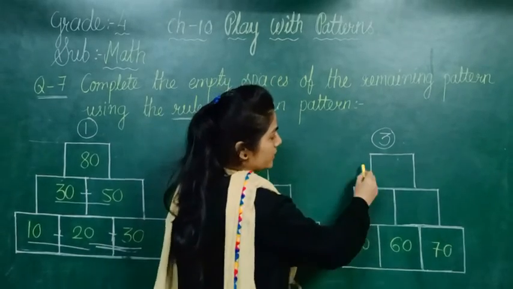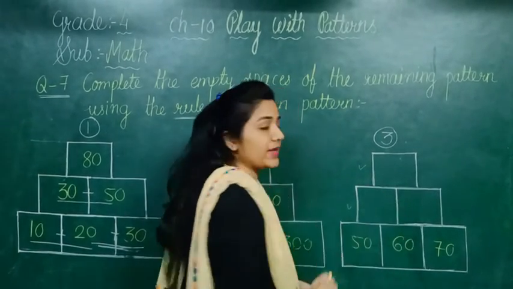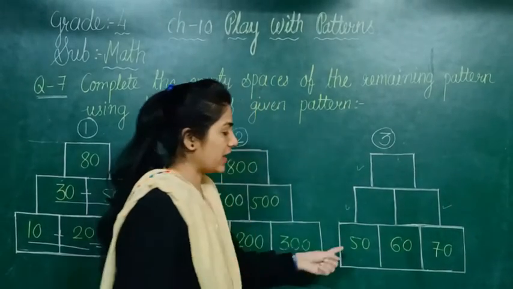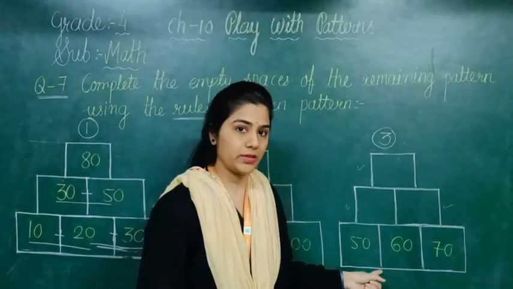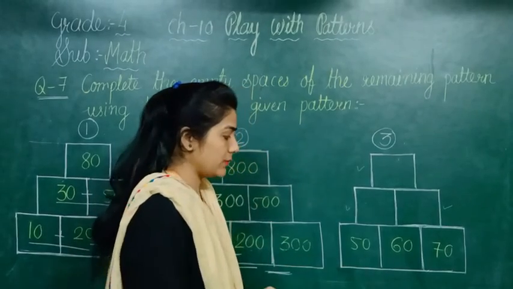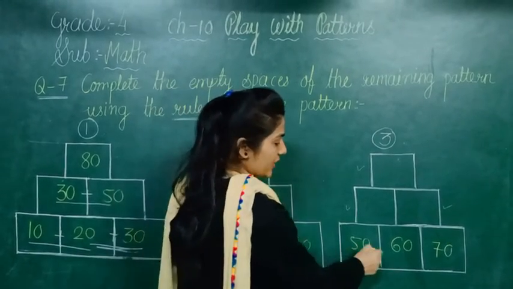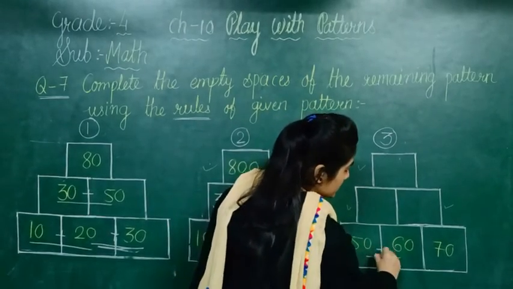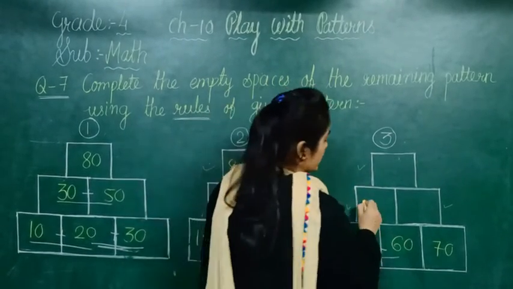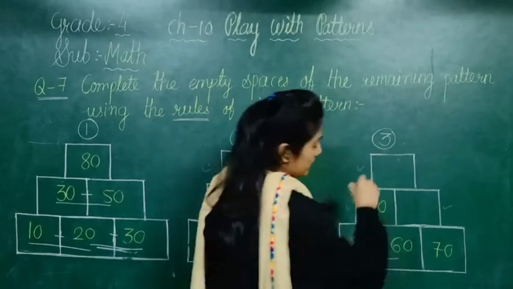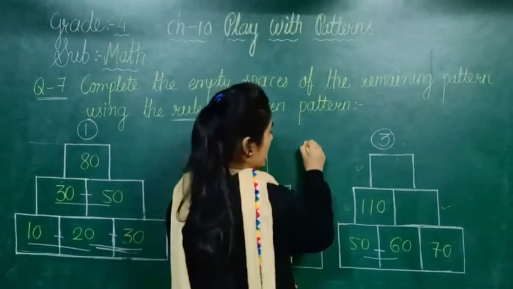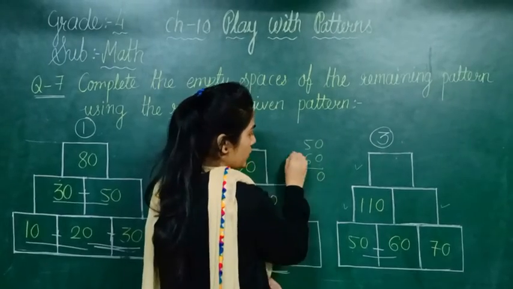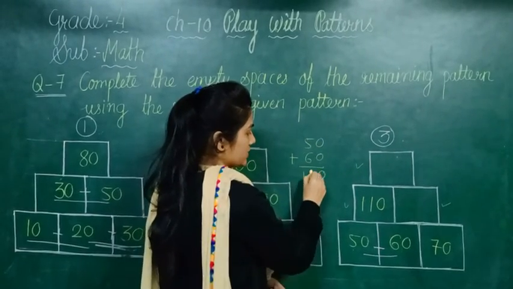See, in this third pattern, these 3 boxes are empty: 1, 2 and this 3. And we have just 3 numbers downside. The same rule we use here: 50 plus 60 together make 110. If you add 50 and 60, 0 plus 0 is 0 and 5 plus 6 is 11.